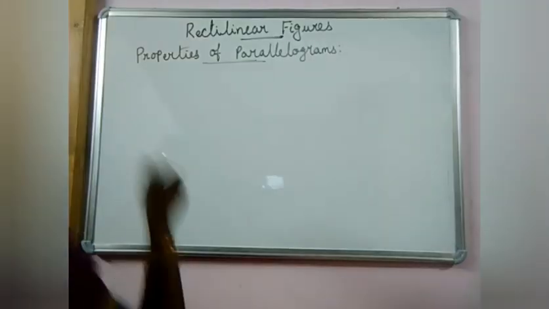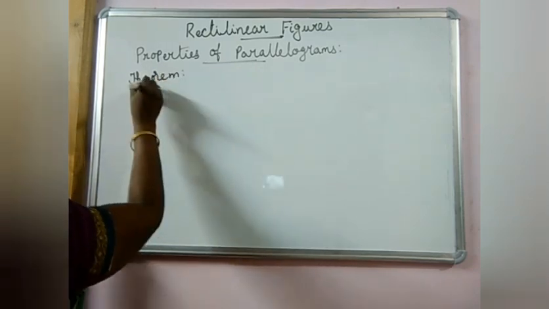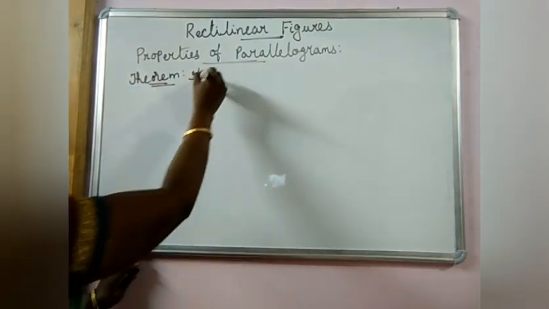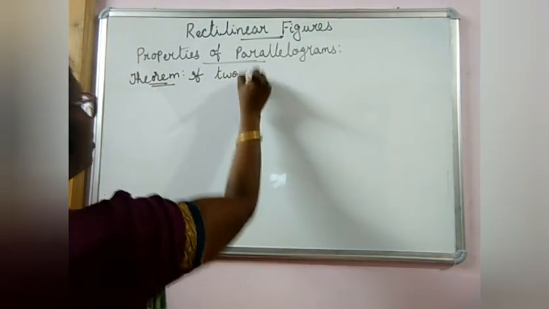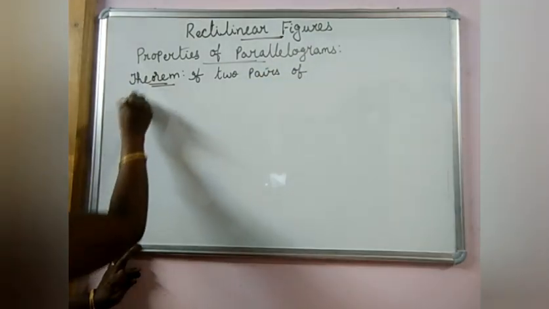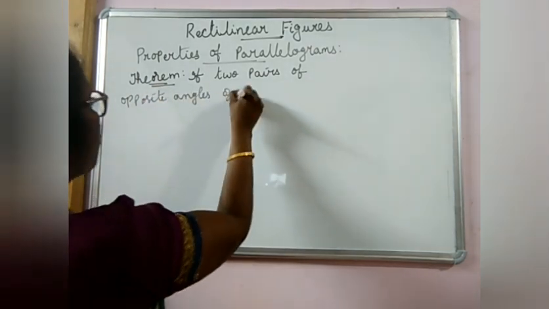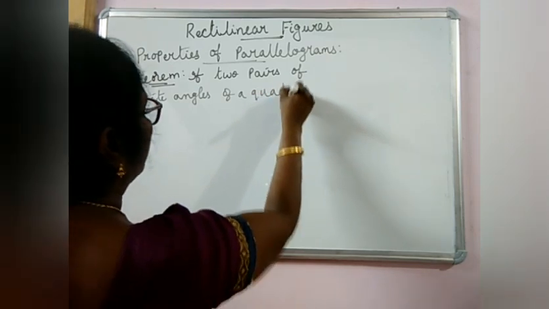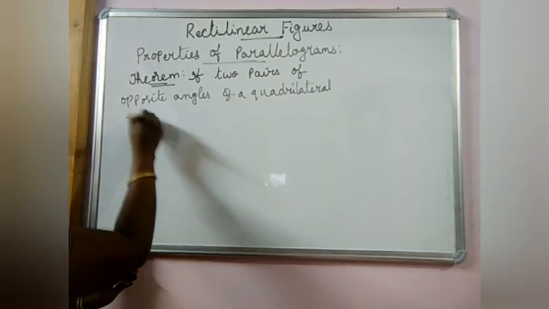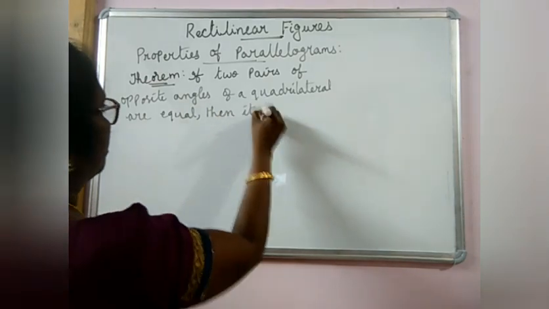And today's theorem is, if two pairs of opposite angles of a quadrilateral are equal, then it is a parallelogram.